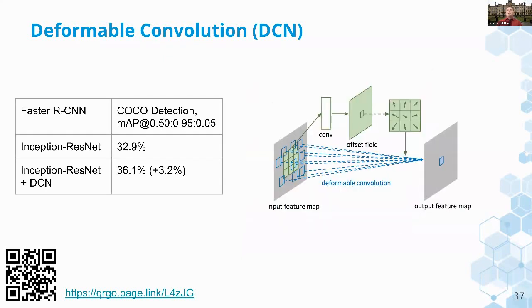In practice, it can be done by applying the following algorithm. First of all, we are using the input feature map to generate a so-called offset field, which is used to offset our pooling points from the conventional convolution pooling field, and to form such a pooling point cloud, and then simply pull features from this point cloud to form a new output feature map.